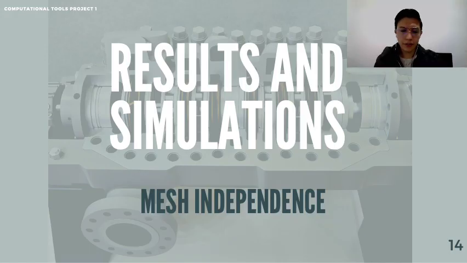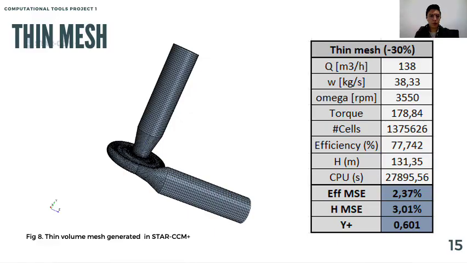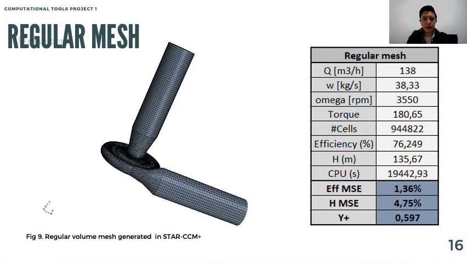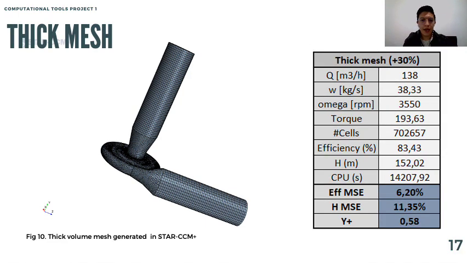Regarding mesh independence, water flow was simulated in the manufacturer's BEP for three different meshes: a thin mesh with a base size of 0.0056 meters, the regular mesh with a base size of 0.008 meters, and a thick mesh with a base size of 0.0104 meters.